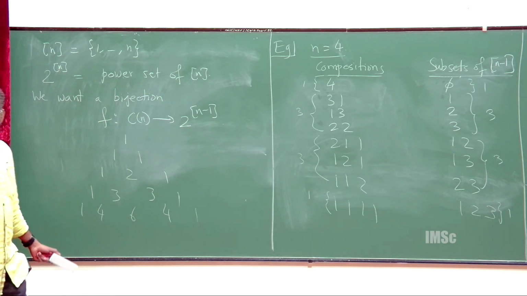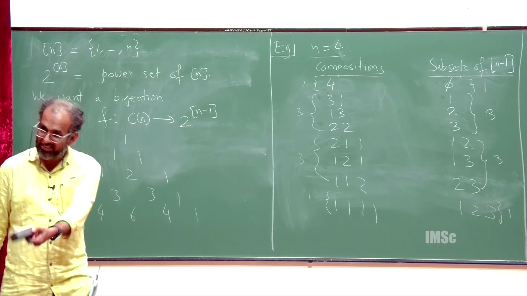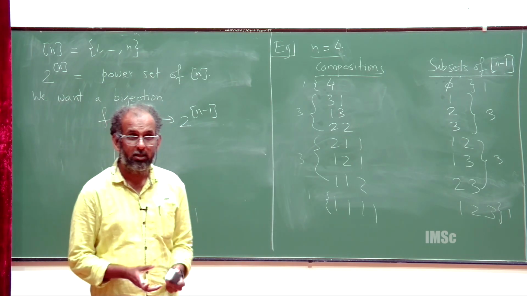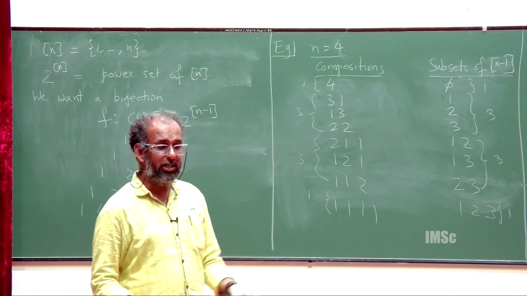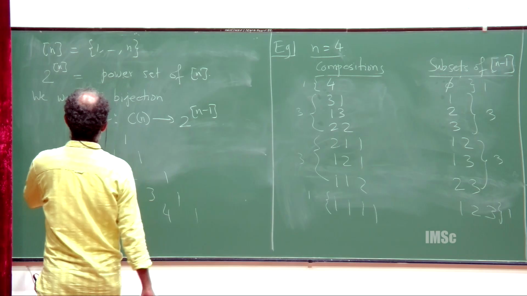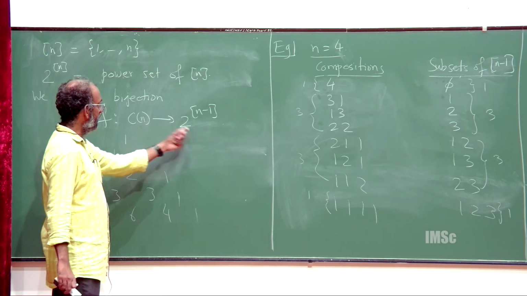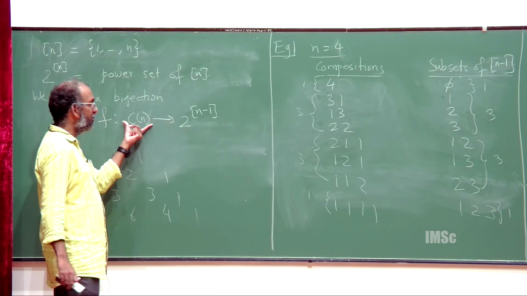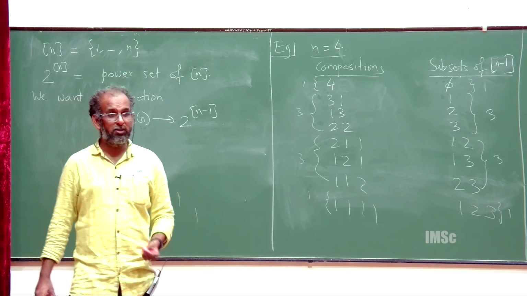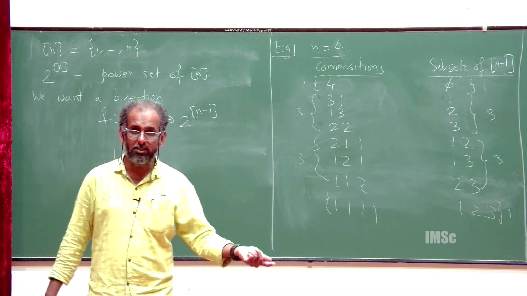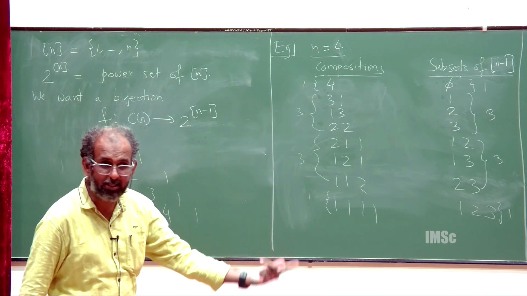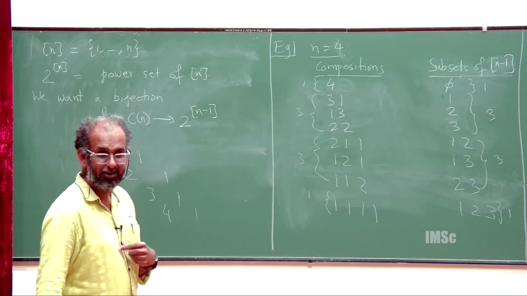right? So, if our idea is correct, we should be able to find a bijection which not only relates compositions to subsets, but it relates compositions with k parts to subsets of size k minus 1, right?